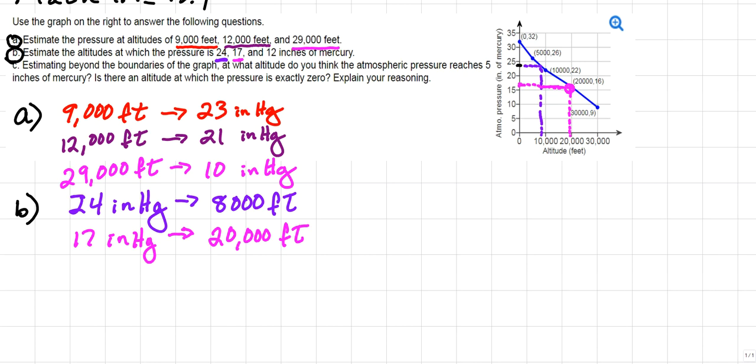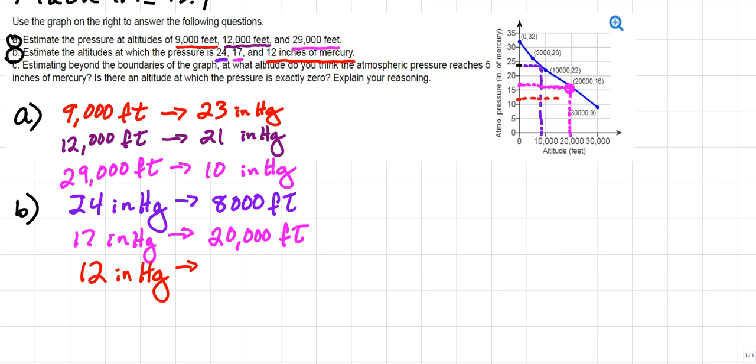And then finally, we're going to consider 12 inches of mercury. We want to know at what altitude we would see a pressure of 12 inches of mercury. So on the vertical axis, there's 10, 11, 12, which is going to be somewhere here.